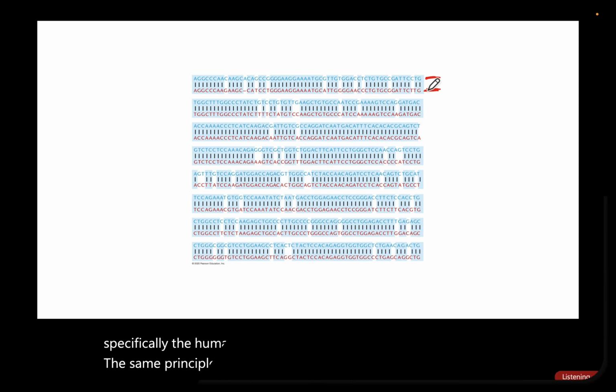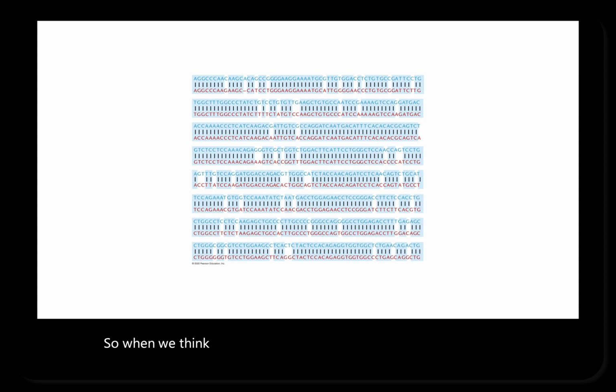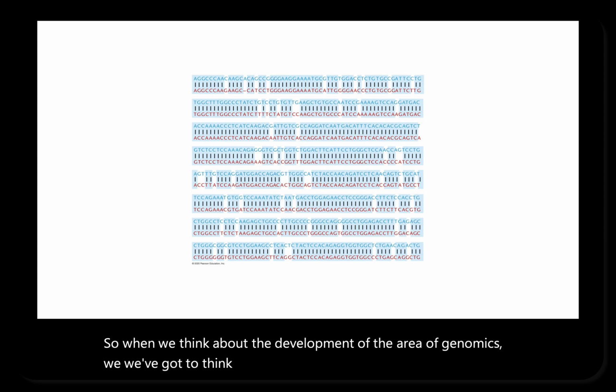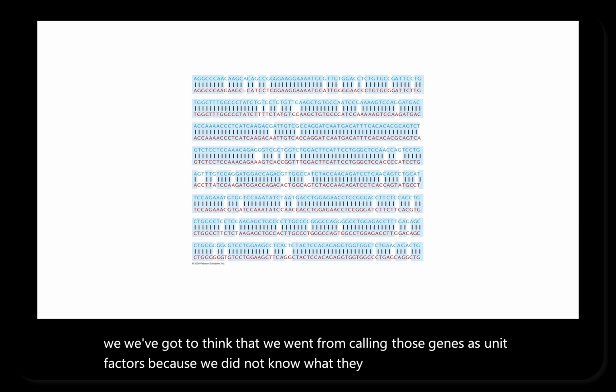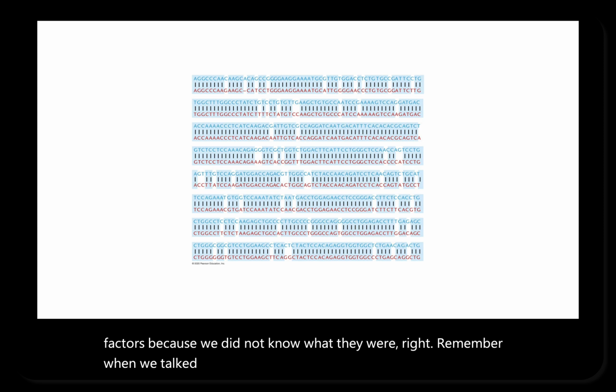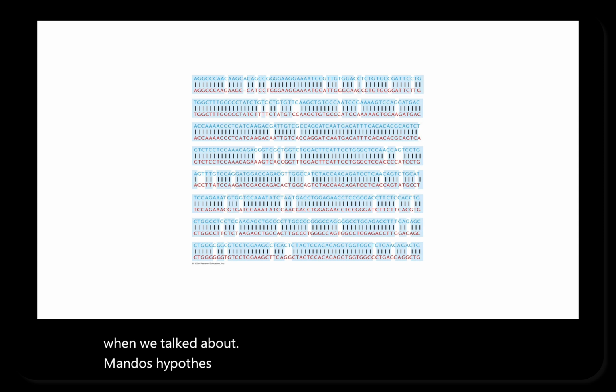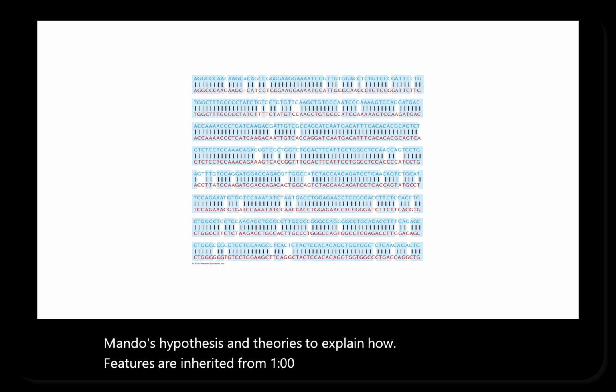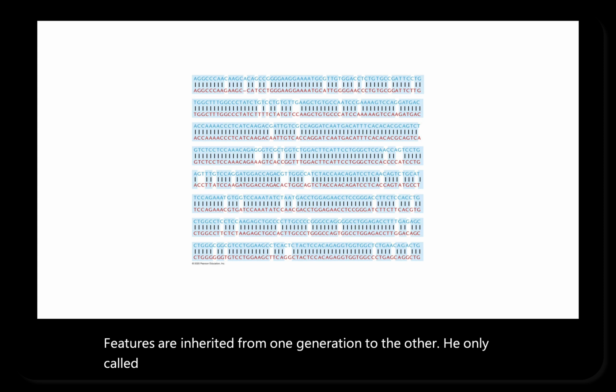All right? So when we think about the development of the area of genomics, we've got to think that we went from calling those genes unit factors because we did not know what they were, right? Remember when we talked about Mendel's hypothesis and theories to explain how features are inherited from one generation to the other? He only called those genes that today we know are genes unit factors.